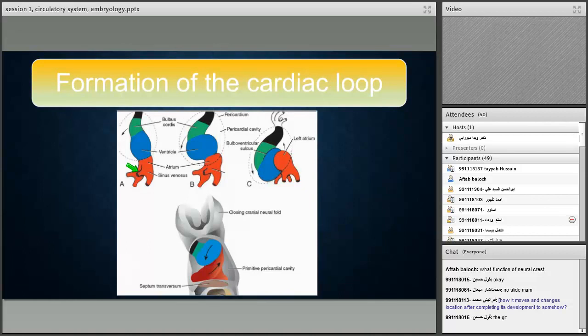The heart tube continues to elongate till the 23rd day. At this time, the cardiac tube is starting its looping. How? Look at this picture, let me explain.